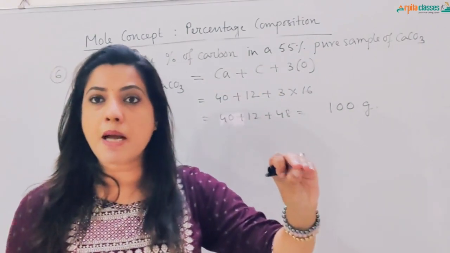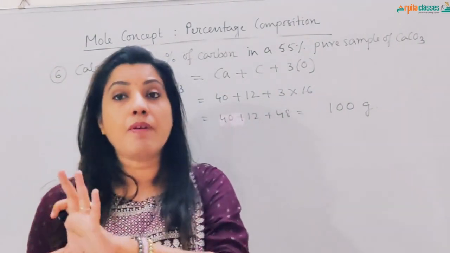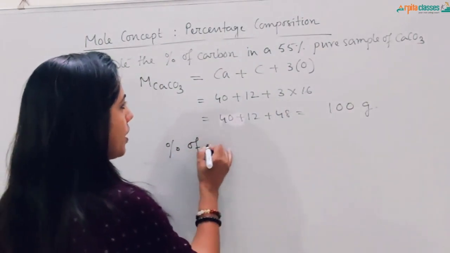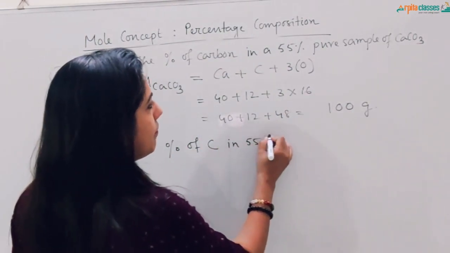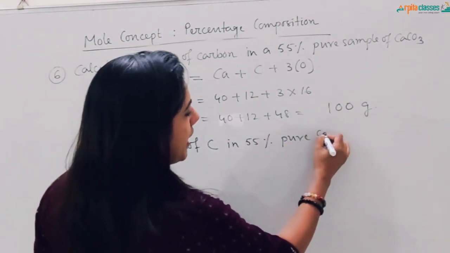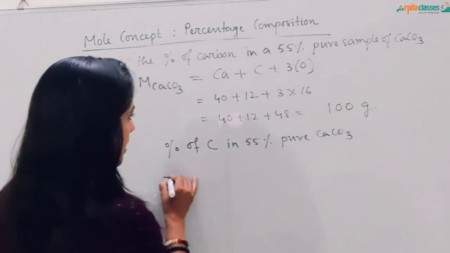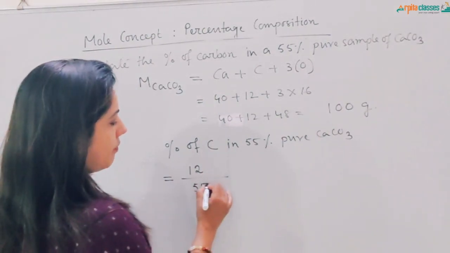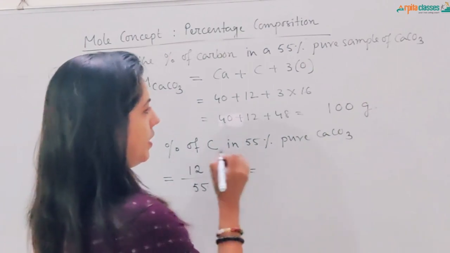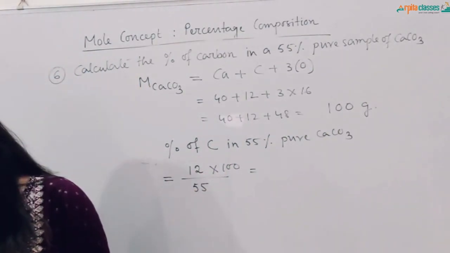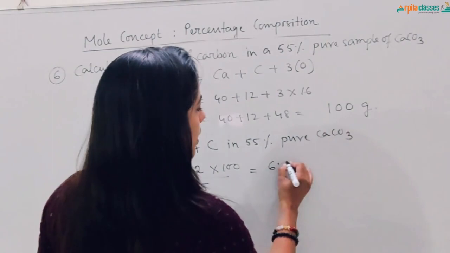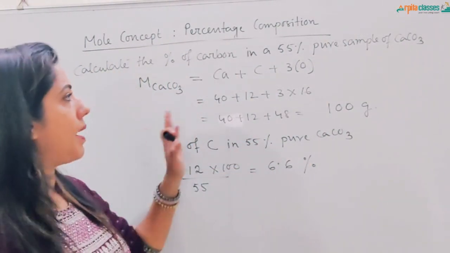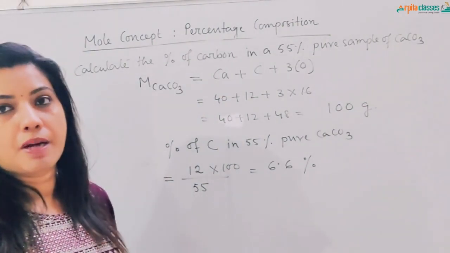So percentage of carbon in 55% pure calcium carbonate is equal to 12 upon 55 into 100. I have done this calculation over here. It's coming 6.6. So this is the percentage of carbon in a 55% pure sample of calcium carbonate.